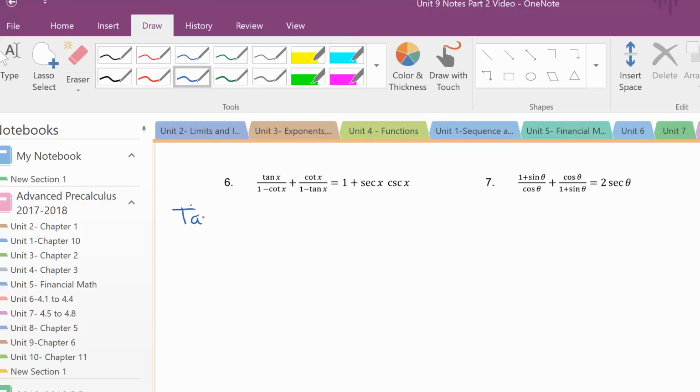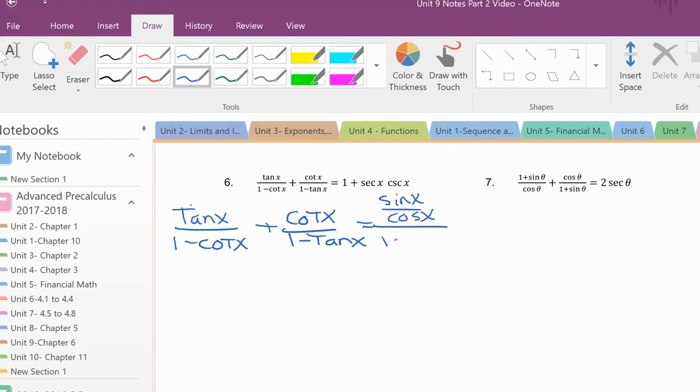All right, number 6. I'll work with the left-hand side. And I'm going to change everything in terms of sine and cosine. So you have sine over cosine over 1 minus cosine over sine, plus cosine over sine over 1 minus sine over cosine.